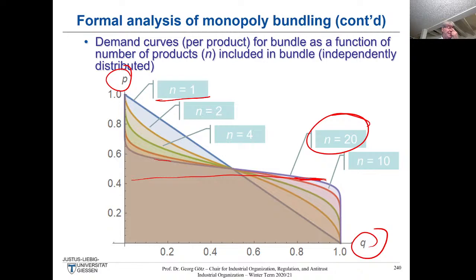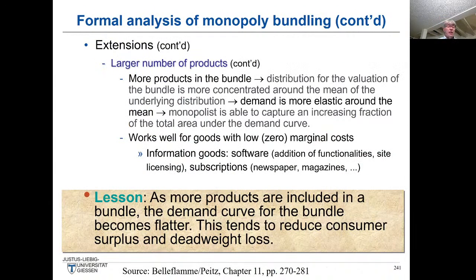Why is that so? That's like the law of large numbers. That's actually on the next slide. Remember, for a song, your willingness to pay is distributed between 0 and 1. So the mean would be 1/2. If you have 1,000 songs, your average willingness to pay will be about 50 cents.